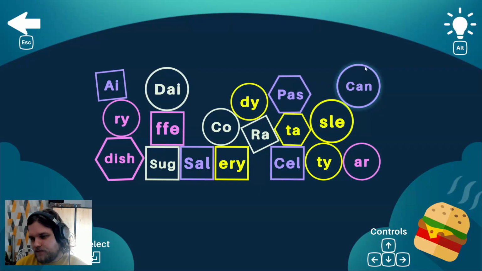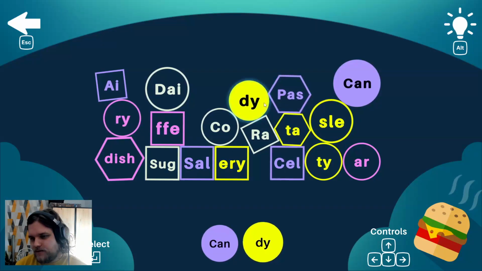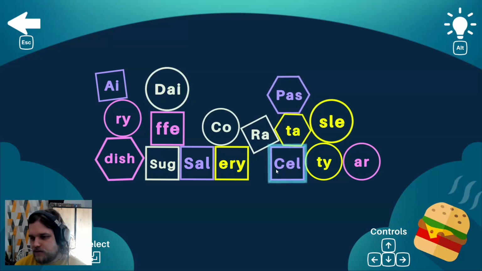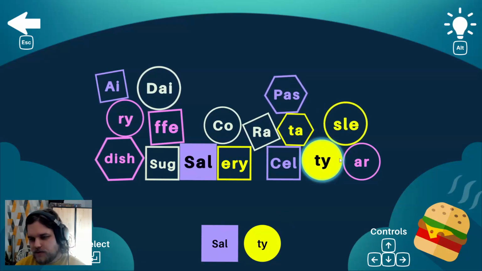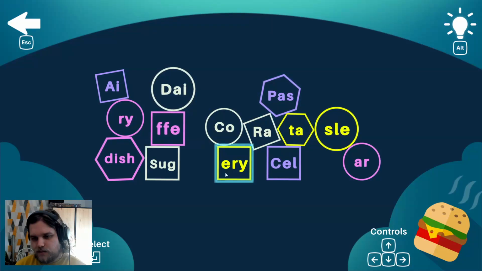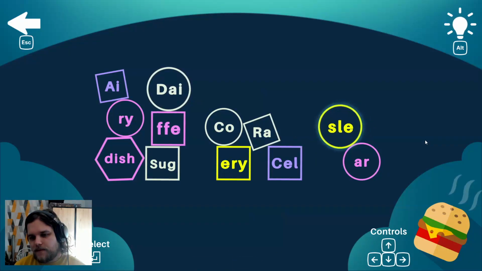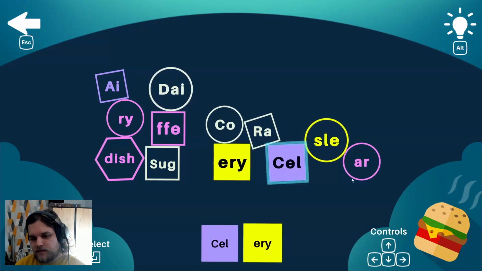Okay. Something like candy. Yeah, candy is here. Maybe a salsa or salty. Salty. Correct word. Pasta maybe. Pastry. Yeah, pasta. Sugary.